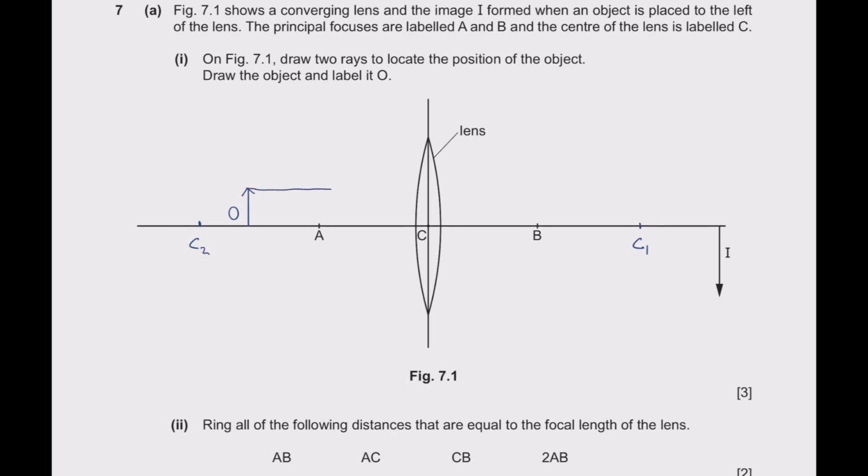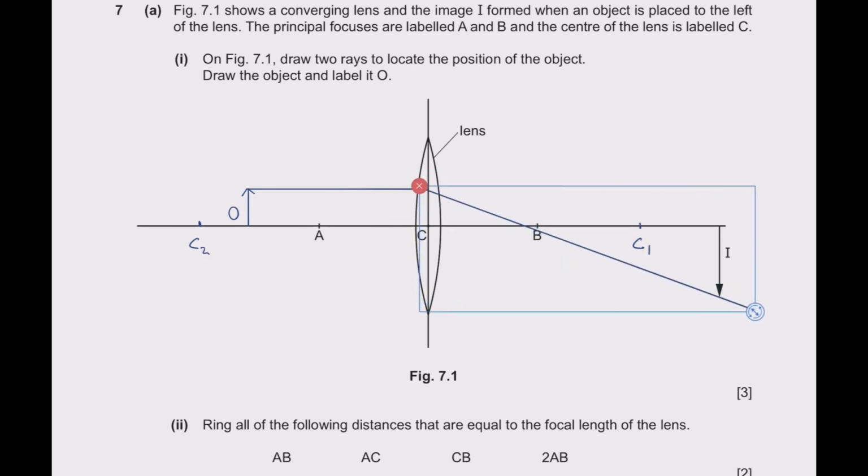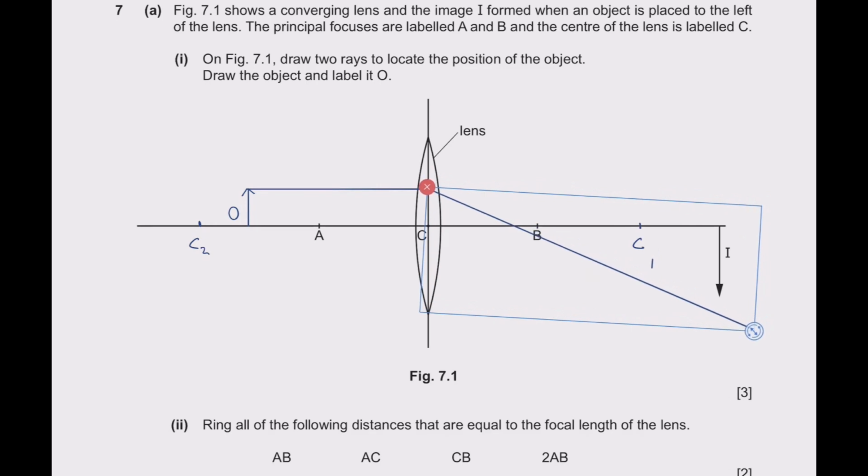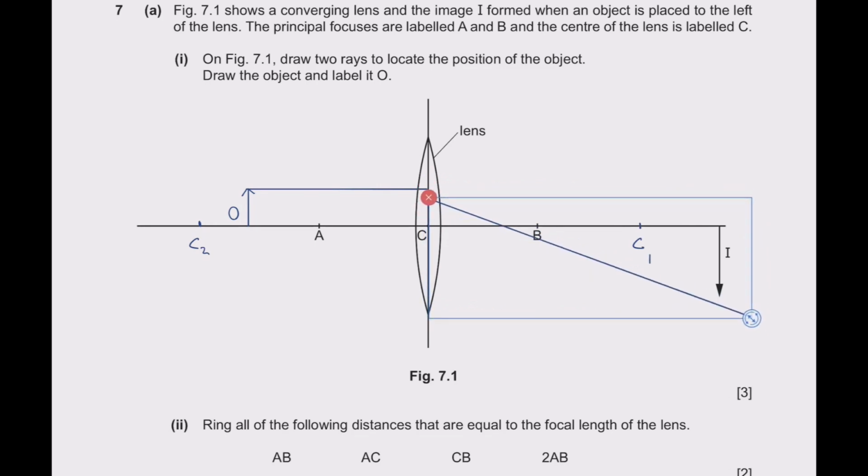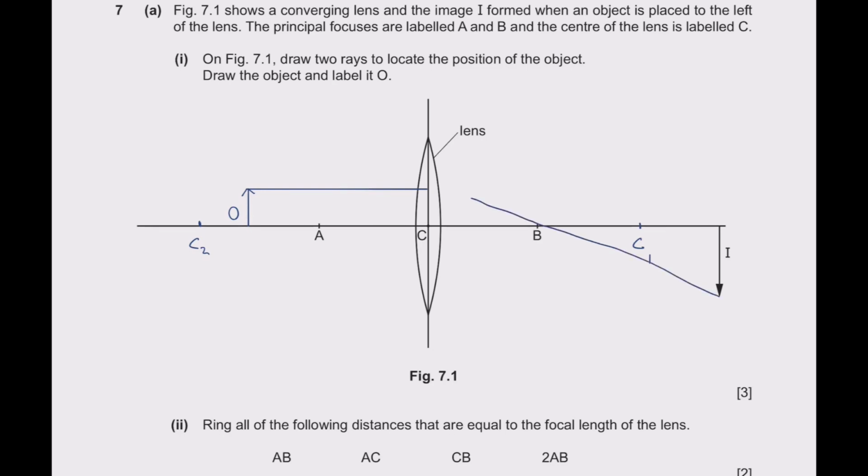If I draw a ray parallel to the principal axis, then after refraction it will pass through the principal focus. Because I do not have the ruler with me, you can easily draw with your pen and pencil.